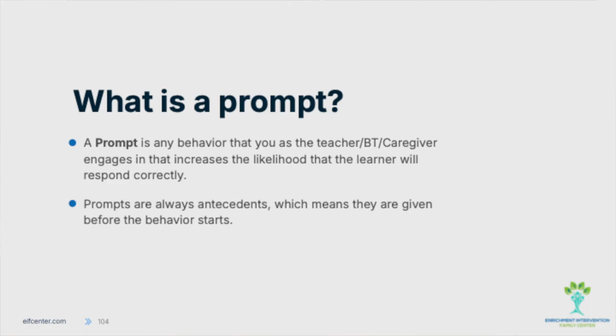This could be them attending, focusing, using their words, or communication. This can also be skills like tacting, manding, so a lot of the verbal operants. So we use prompts to help the learner be successful and to provide or evoke the correct response. Prompts are always antecedents, which means they are given before the behavior occurs.